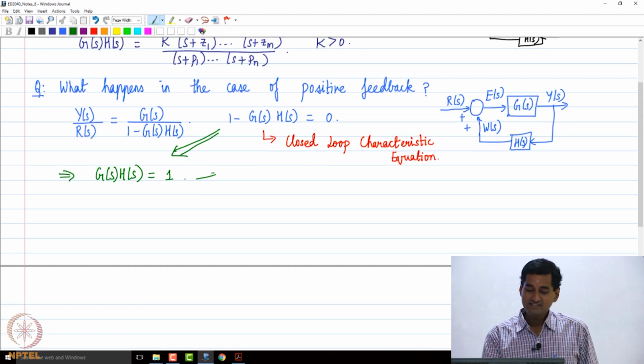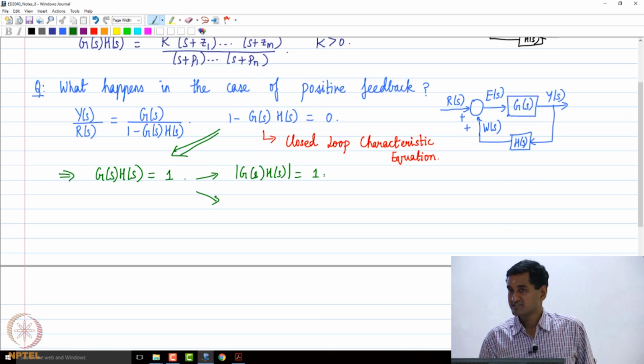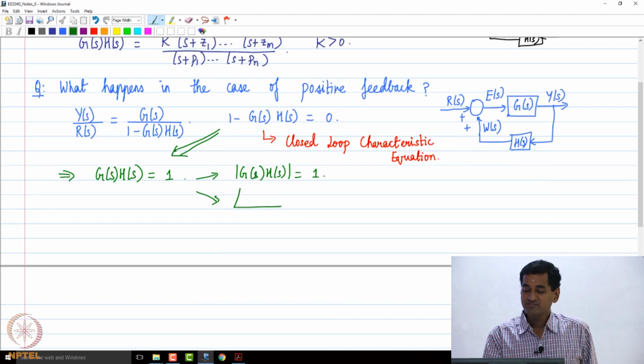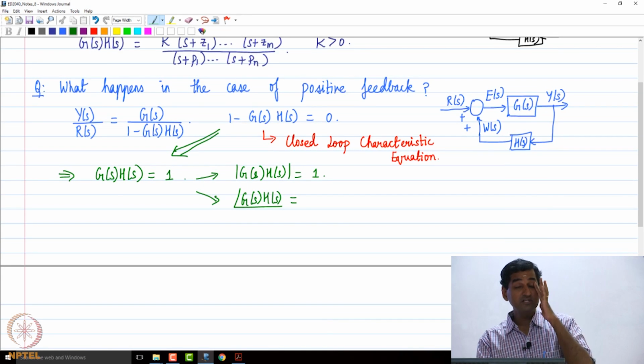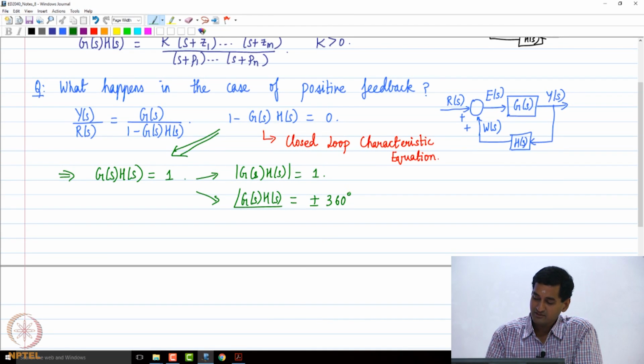What will this give us? This will once again give us two conditions: the magnitude condition, the magnitude of G of s H of s being equal to 1. The magnitude remains the same, but the main difference is in the phase. Now, we see that plus 1 is on the positive real axis, so the phase of G of s H of s is going to be an even multiple of pi, 0 included.